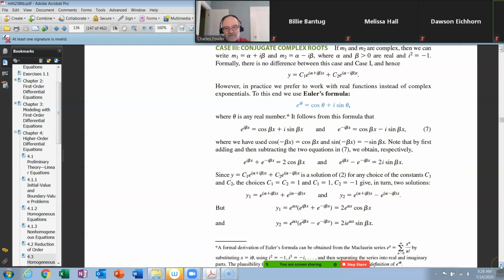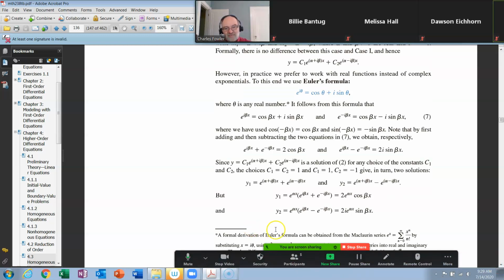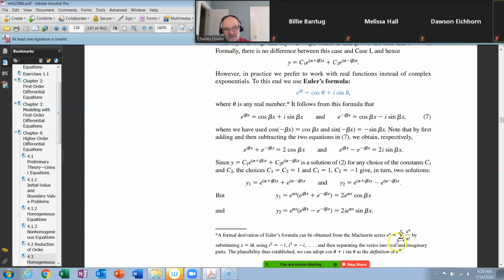Now if you really want to dig into it, the formal derivation of Euler's formula can be obtained from the Maclaurin series. e to the x is equal to this thing right here, and substituting i theta instead of x, plug it in. Remember, i squared is minus 1, i cubed is minus i, and so on.